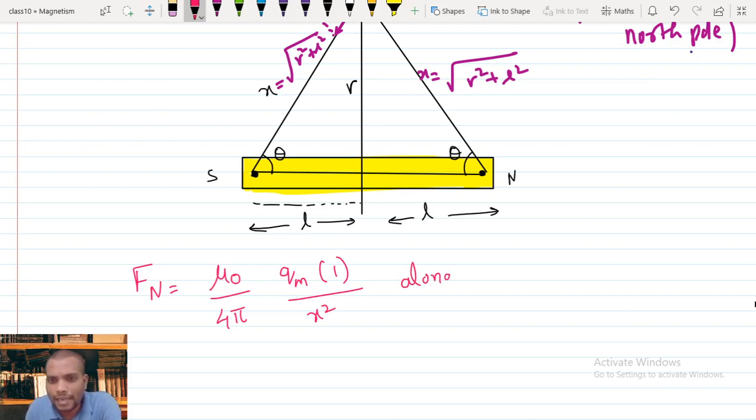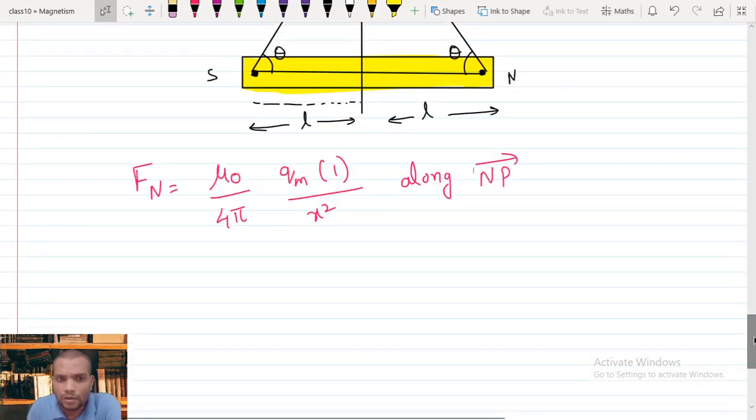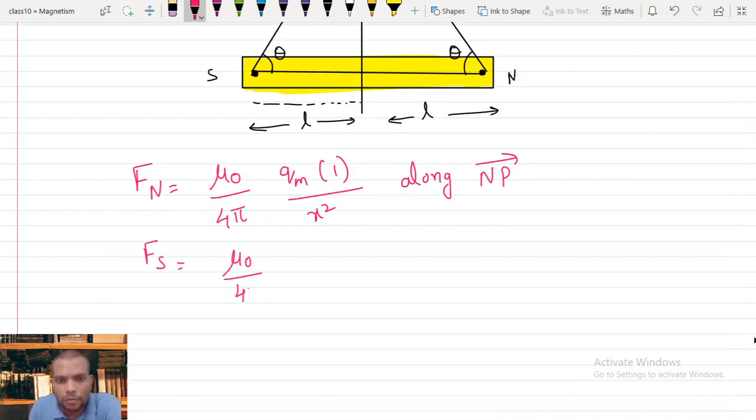Both are repelling along N to P. Likewise, the force due to the south pole equals mu naught upon 4 pi times Qm, the magnetic pole strength of the south pole, upon 1, the strength of the unit north pole, upon distance square equal to x square. Its direction is along P to S, because these two poles are attracting.